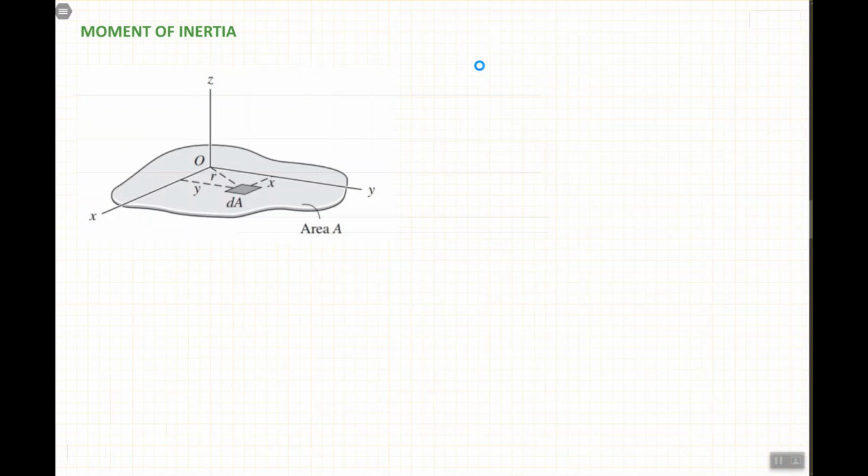Yeah, so as you saw in the video, the moment of inertia, or to be exact, we call it area moment of inertia. The reason is we don't want to confuse this one with the mass moment of inertia. That's a different thing, and that topic comes when we study dynamics.